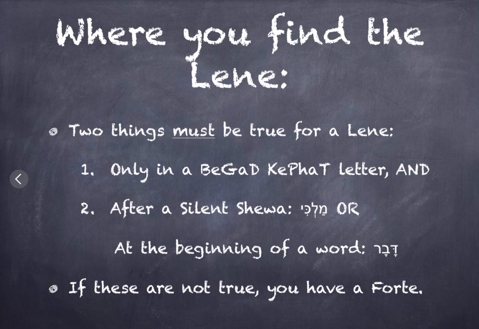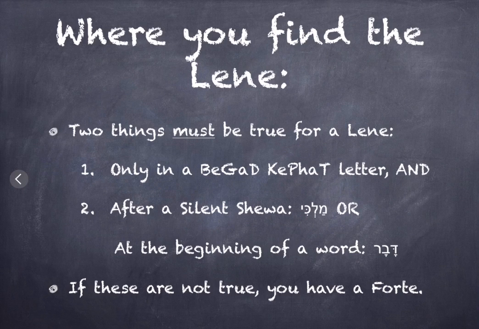A Begad Kafat letter will receive a Lene in only one of 2 places. First, after a silent schwa. So we have Malki. That Kaf is a Begad Kafat letter after a silent schwa. So that Dagesh is a Lene.